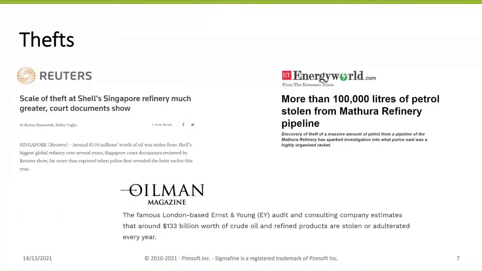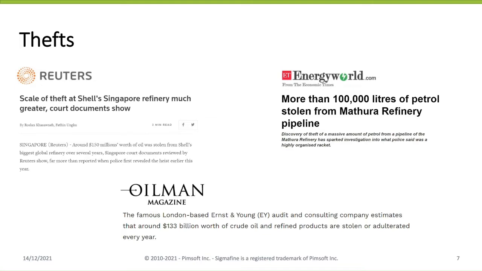Moreover, thefts, one of the most obvious forms of leaks, are heavily affecting the oil and gas industry. Very famous is the case of the Shell Singapore refinery, where thefts involved several levels in the company and several years to reach an amount estimated at around $150 million.